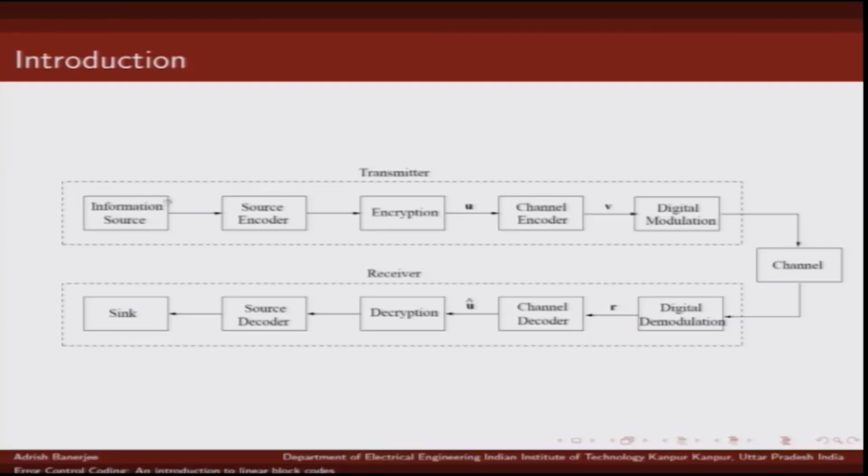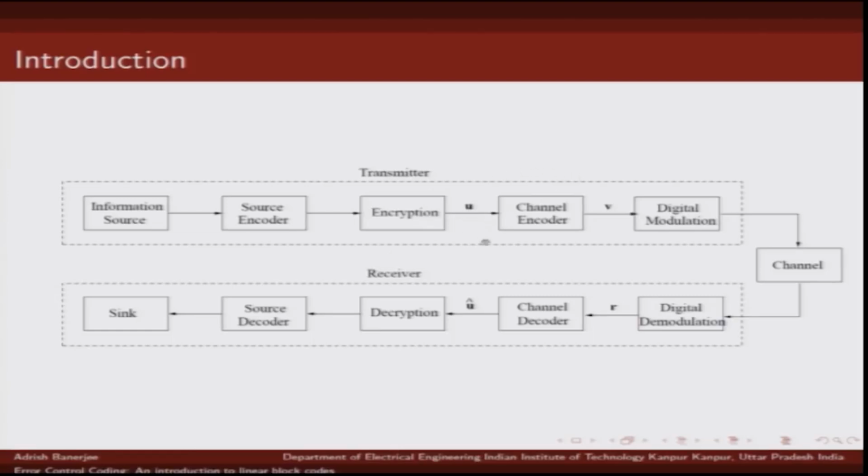It tries to represent the source efficiently in terms of the minimum number of bits required. Once you have compressed your source, the next block is data encryption. This is for secrecy.